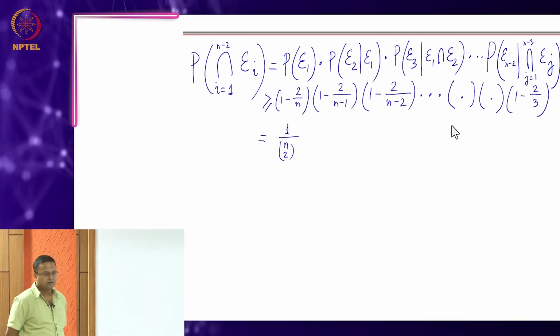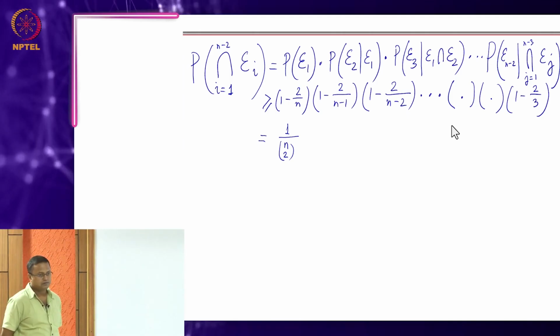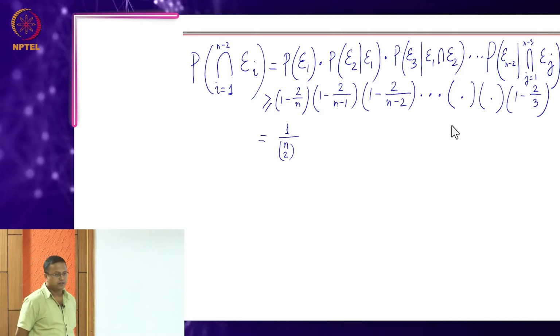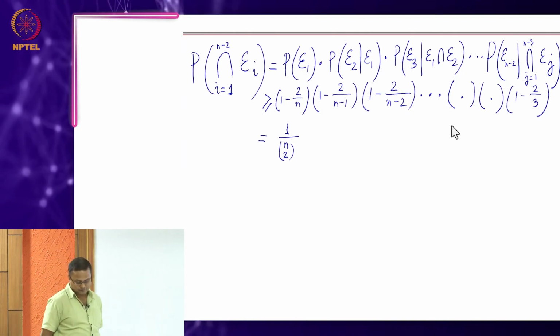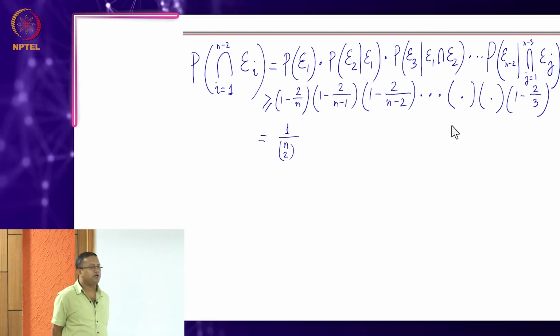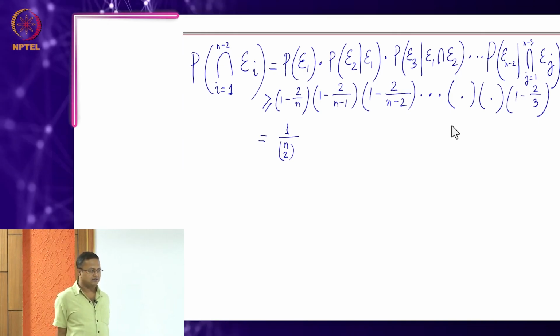Yeah, and there should be a 2. So that is 1 by n choose 2. Okay. So this was the probability of success.